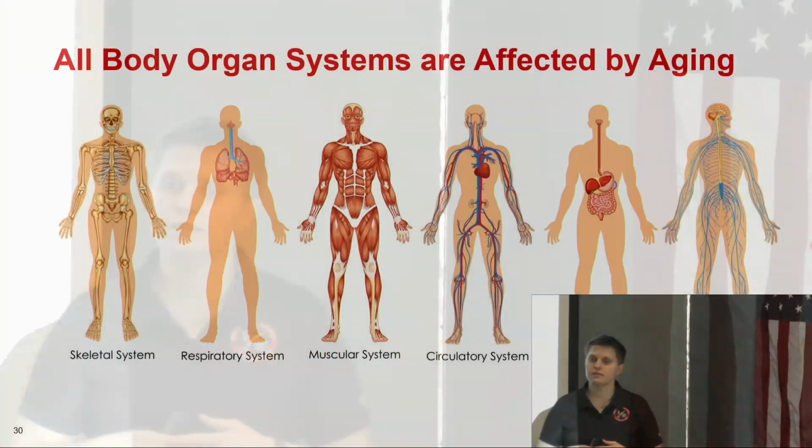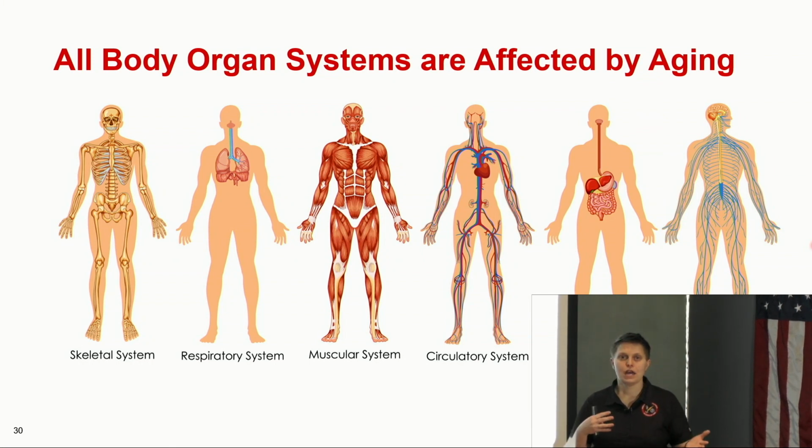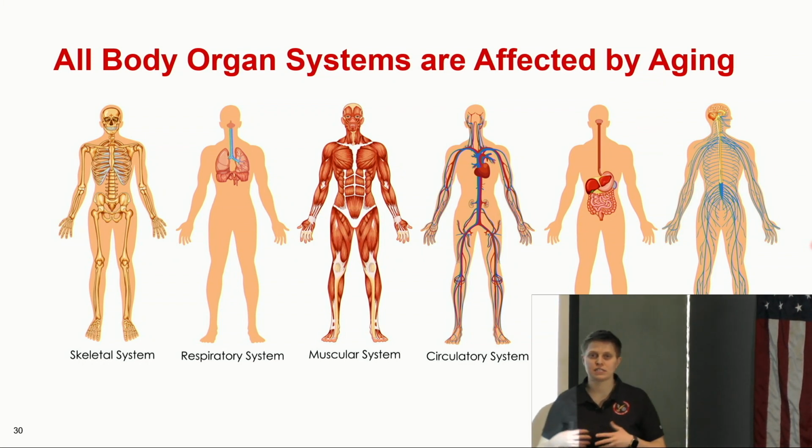So we are going to go through pretty much one by one and pick apart each organ system, talk about some of the changes and then some of the conditions that affect it. A lot of this is background. We'll touch on a few specific management things, but really this is about assessing and understanding the elderly patient.